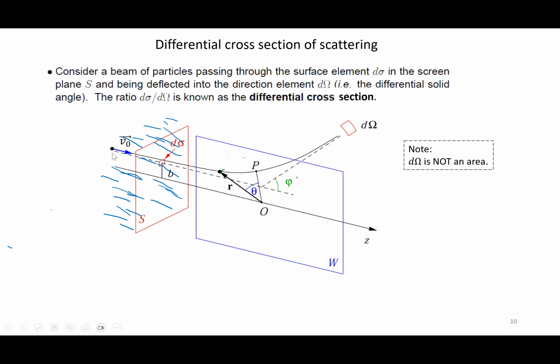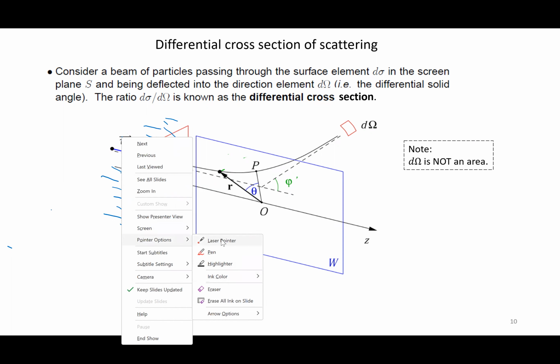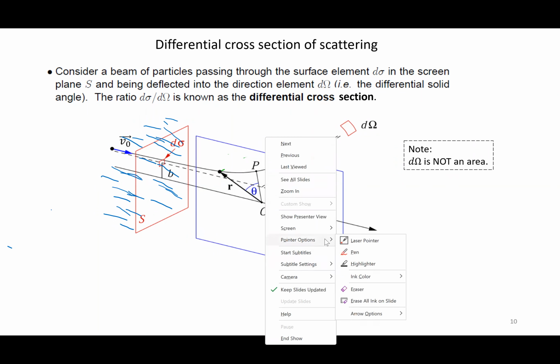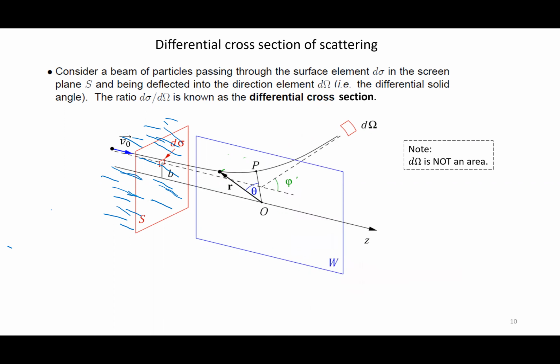Now, in particular, if I consider one of the particles, this one, it comes in and is repelled by this force center, bends like this, and then reaches this region over here. Then if I consider another particle in the beam, for example this one over here, it might bend down and reach a region somewhere here.